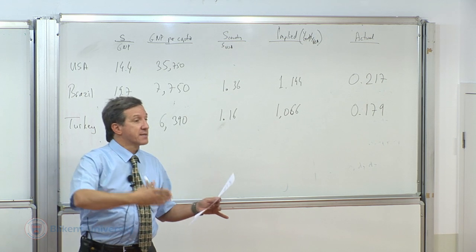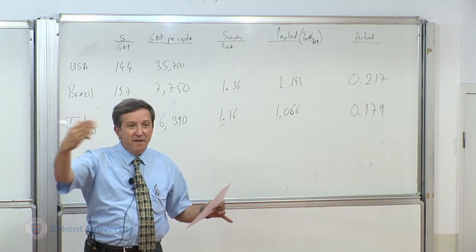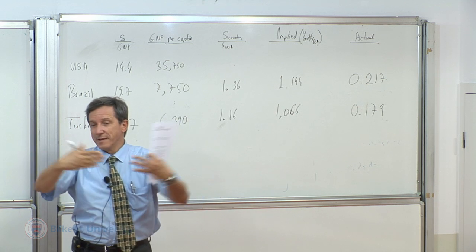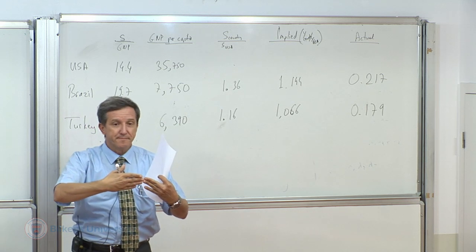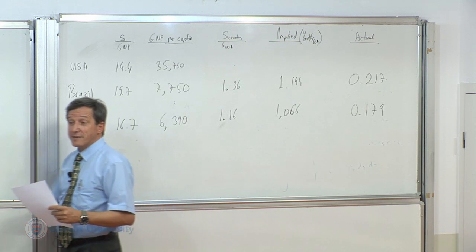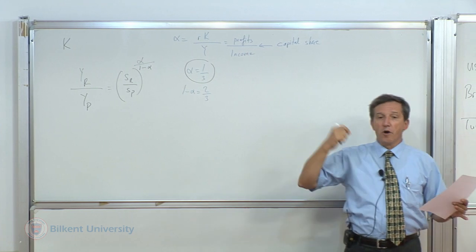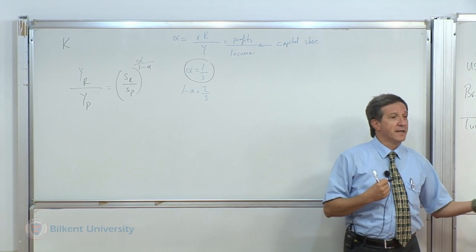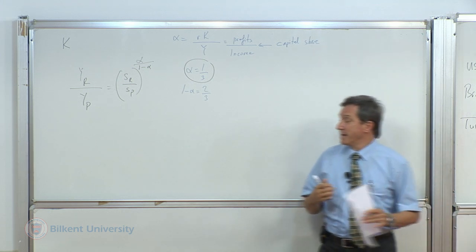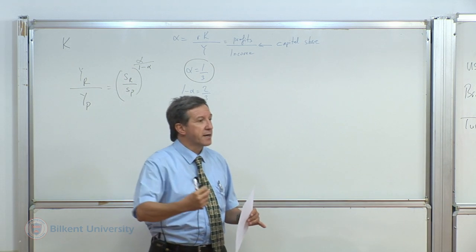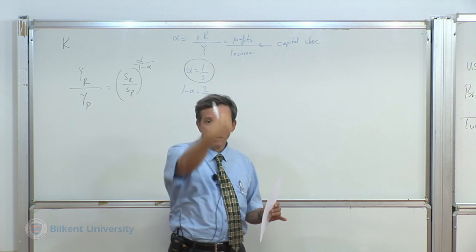Remember, you are in the neoclassical world, so the saving ratio and the investment share should be the same. So rather than searching around for the saving rate here and there, go back to the PWT data set and take the gross capital formation share in GDP, that column.